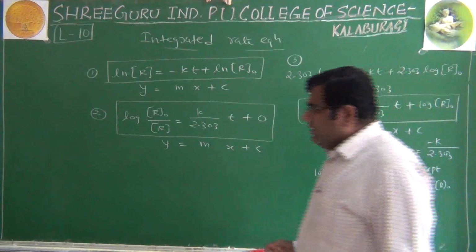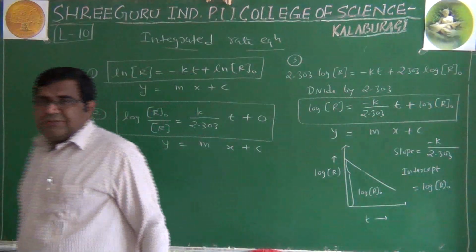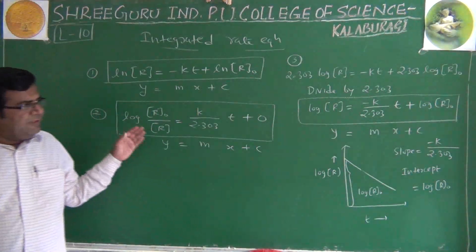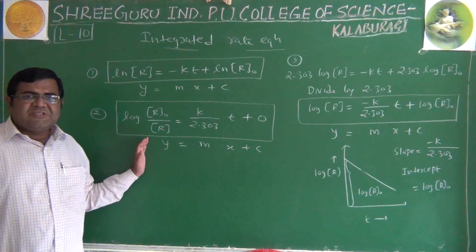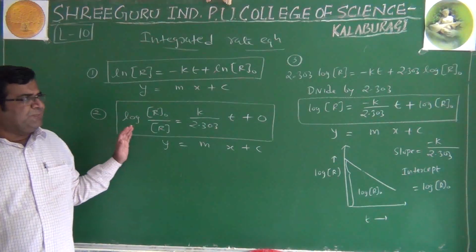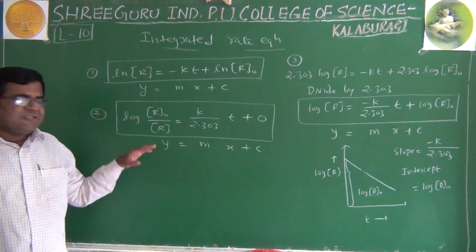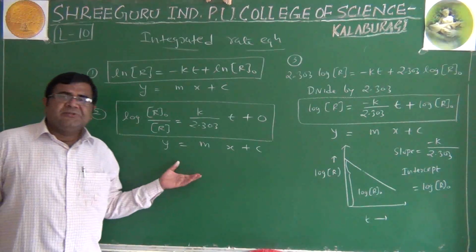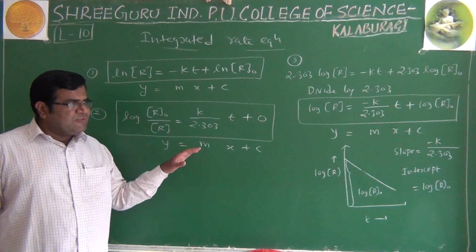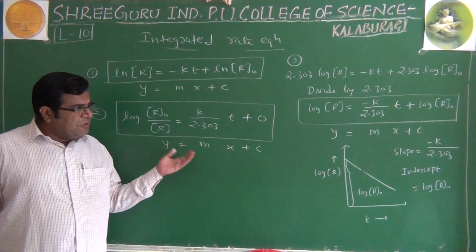So these three graphs we can plot in the first order reaction. Already one graph we have seen in the zero order reaction. So this part is very simple, only just rearranging the equation or changing certain conditions of the equation. We get a new equation.